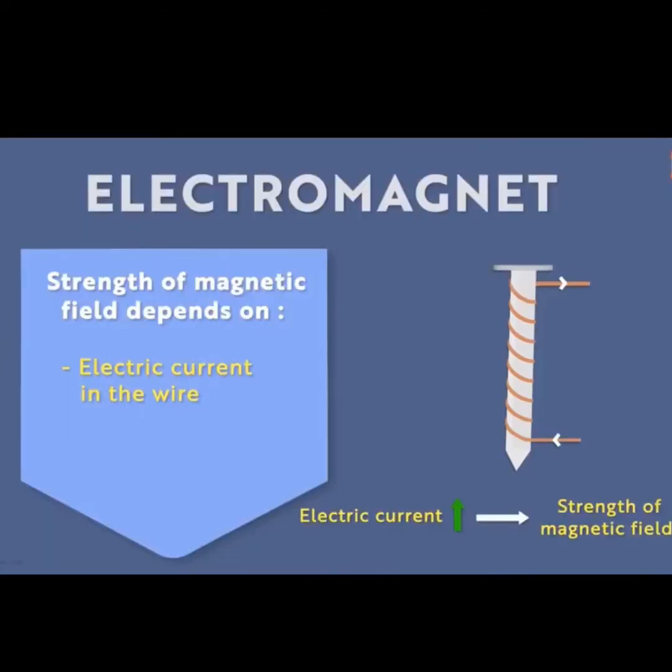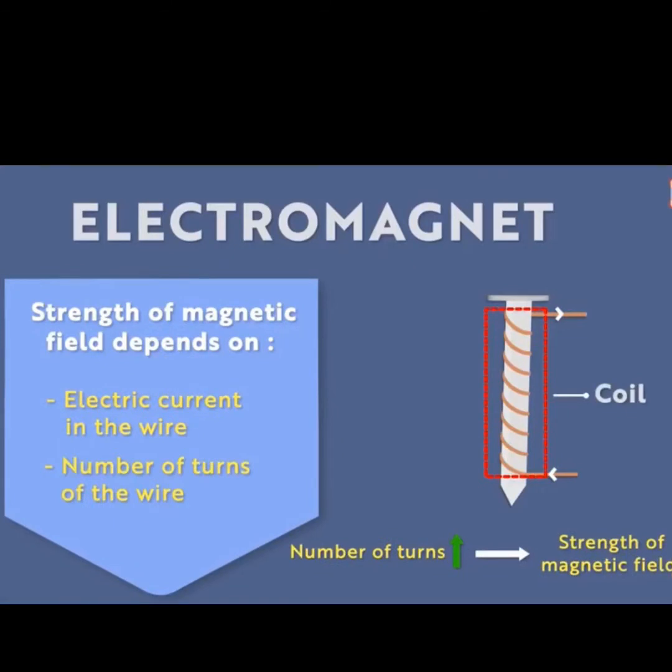Now let's see the strength of the magnetic field. The strength of the magnetic field depends on, number one, the electric current in the wire. When the electric current increases inside the wire, the strength of the magnetic field also increases. And also we have another factor. The strength of the magnetic field depends on the number of turns of the wire.